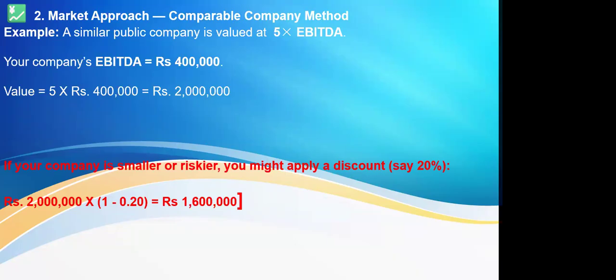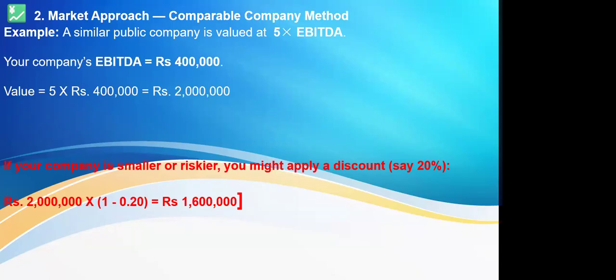So you are earning 400,000 per year, right? Just multiply it by 5 and ask them to pay 2 million. Now, if you wish to put 10, okay, it's up to you. You check whether the similar company has sold for 10 times the EBITDA. Then you can tell the buyer to pay you 10 times the profit, what you are getting today, the annual profit.